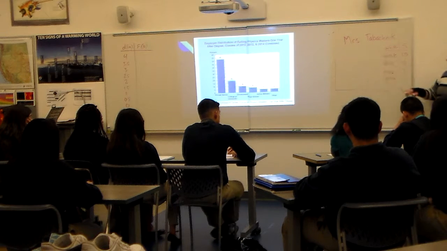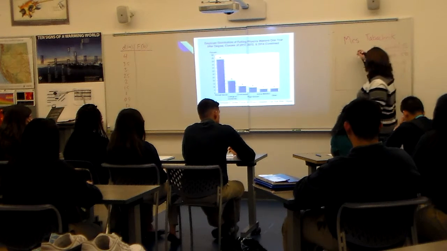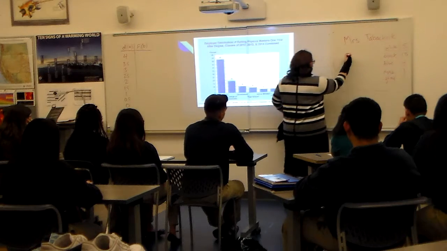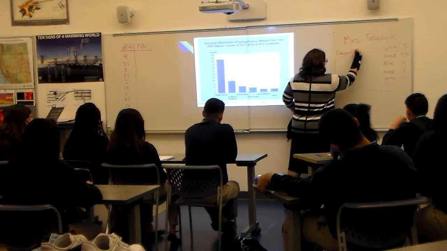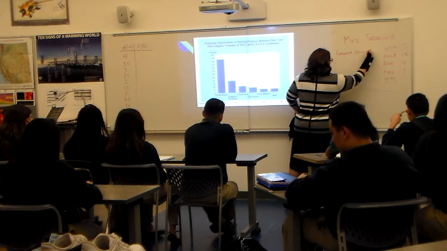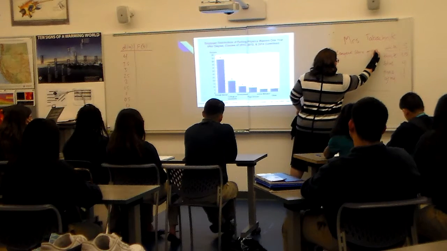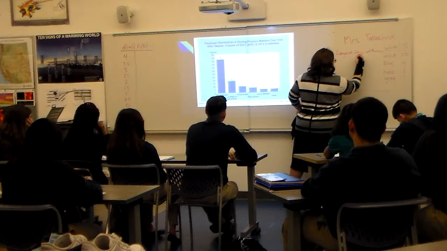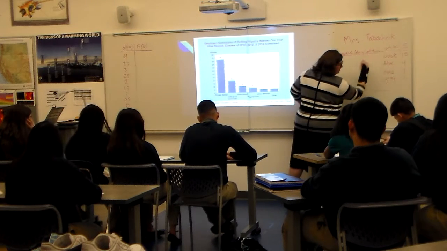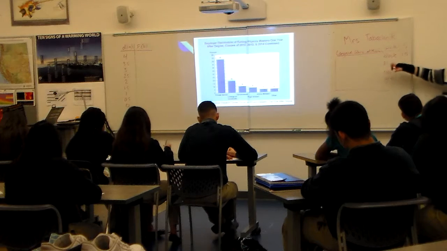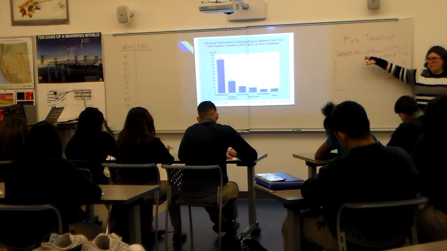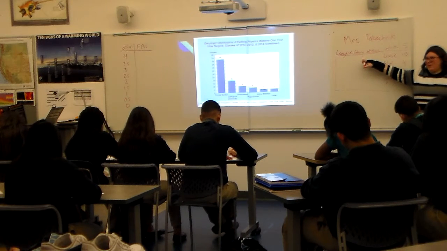So, the title we're going to write is something along the lines of lanyard colors in this classroom. You can fill that in on your paper at the top. Because the title is always the first thing that you look at to figure out what is going on over here.